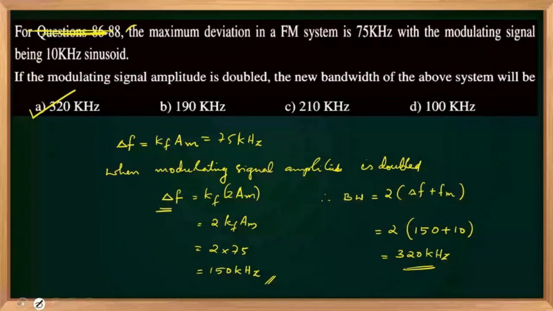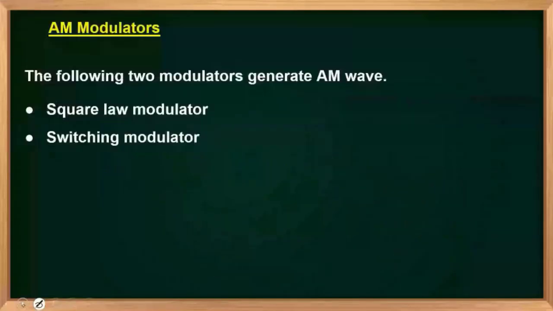Yes, okay. Next, we are going to discuss AM modulators. AM modulators are used for modulating an analog information-bearing signal, and the information is obtained by varying the high frequency carrier.